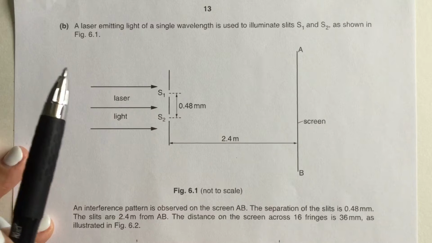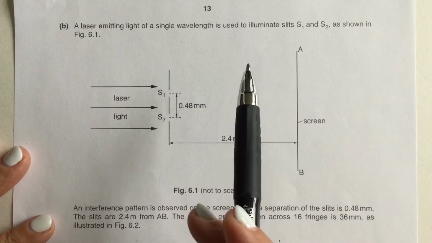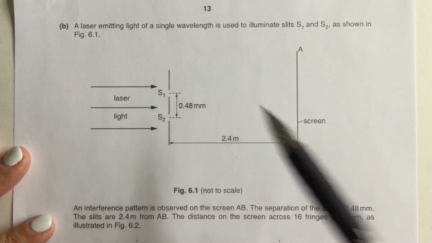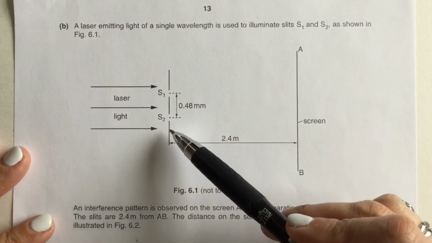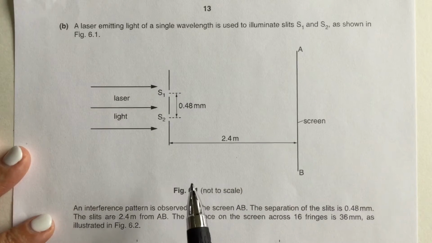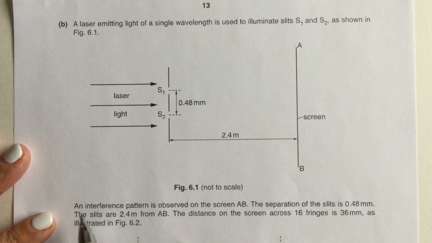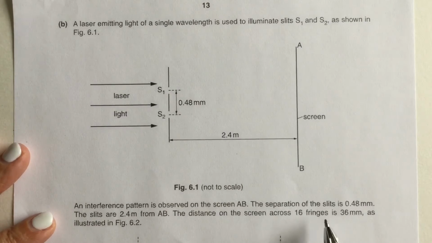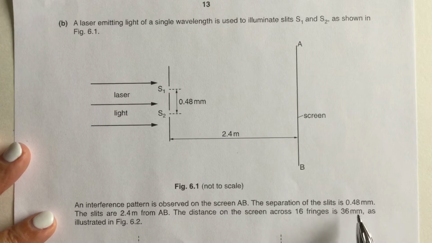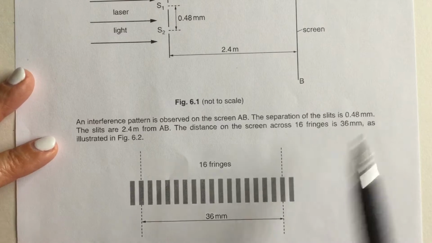Question B: a laser emitting light of a single wavelength is used to illuminate slits S1 and S2 as shown in figure 6.1. An interference pattern is observed on the screen AB, and the separation of the slits is 0.48 millimeter.